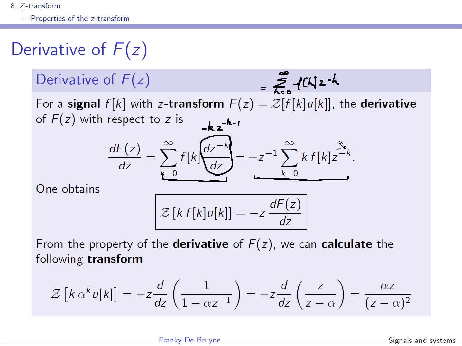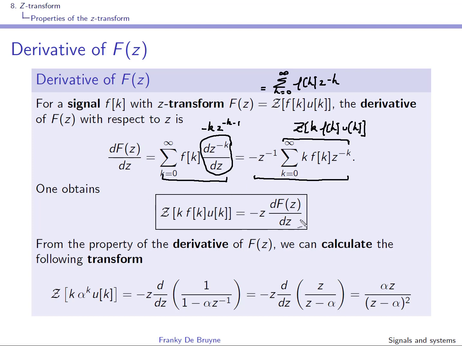And why do we rewrite this? Well, because you see here that this is a z transform. It's the z transform of k f of k u of k. So if you want to obtain this z transform, you can obtain it from the derivative of F of z, and you have to take this one to the other side.